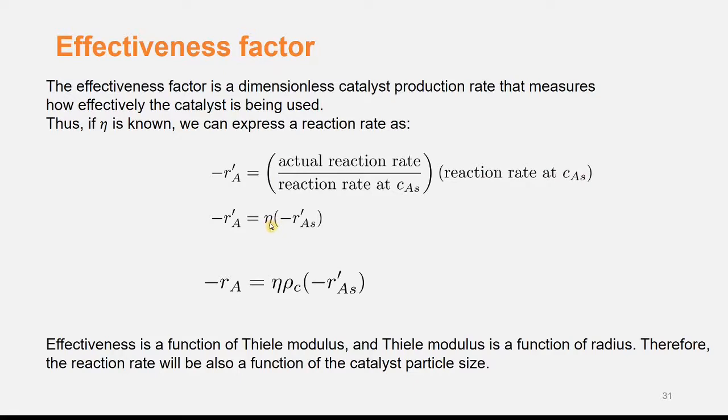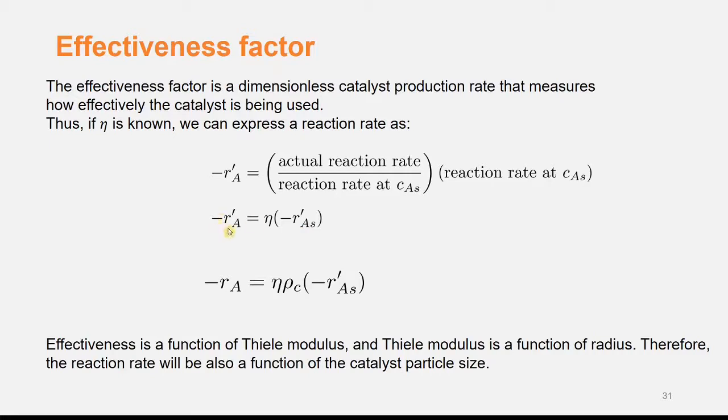So negative r_A prime is simply equal to eta, which we can calculate from the Thiele modulus, times the reaction rate at C_AS. Okay, so this is negative r_AS prime, the surface reaction rates, the rates that we have been writing in topic 2 for Langmuir-Hinshelwood or the Eley-Rideal mechanism.